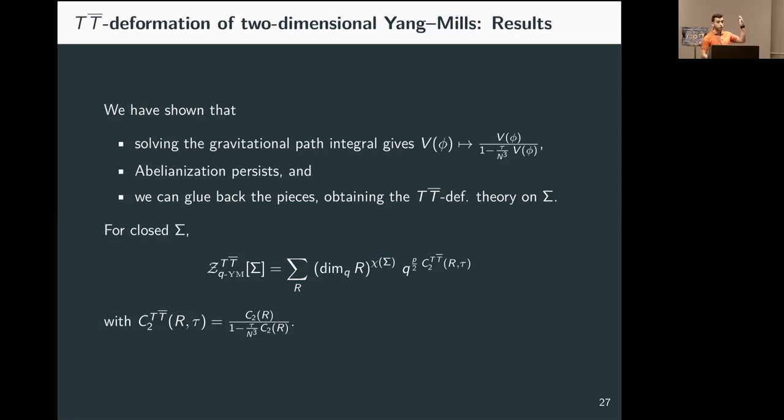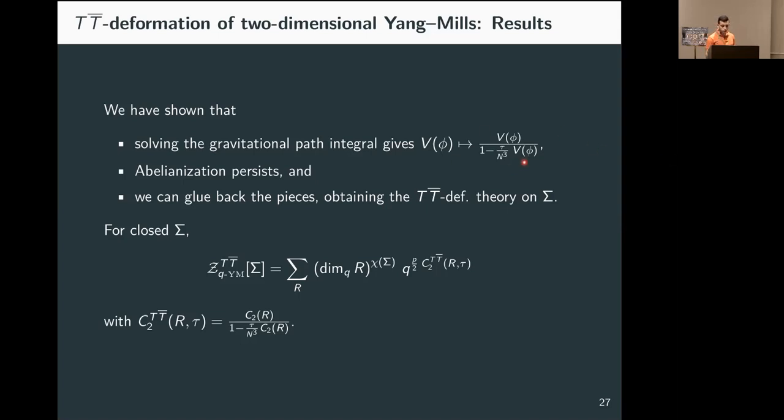Instead, we have started with the full-fledged path integral, solved the gravitational path integral, and proved that the factorization persists. So really, in this way, we could generalize this to other theories such as the Q-deformation and refinement, and prove that the two deformations are consistent.